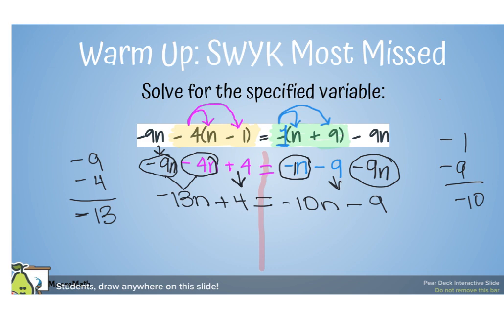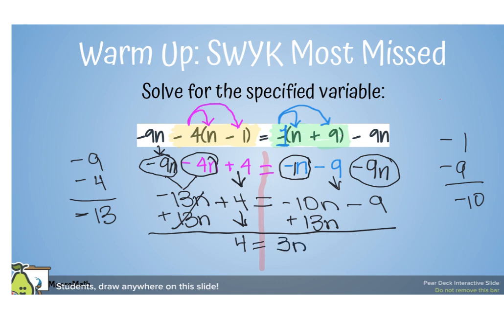I'll go ahead and add 13n to both sides first. And there's other ways you can do this as well, but that's the choice I made. Now that eliminates. I'm going to bring down that 4. -10 plus +13, right? I have $13 and I pay you 10. So now I have only $3 left in my pocket. Bring down that negative 9.